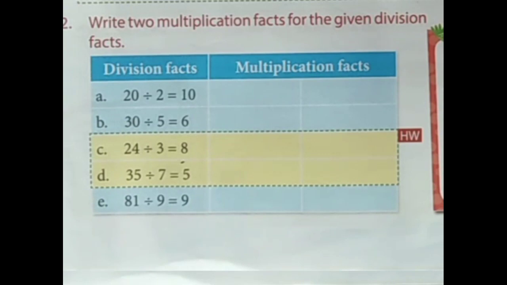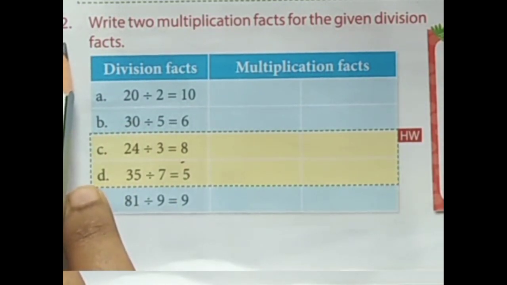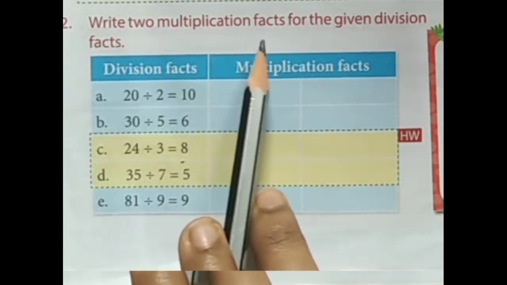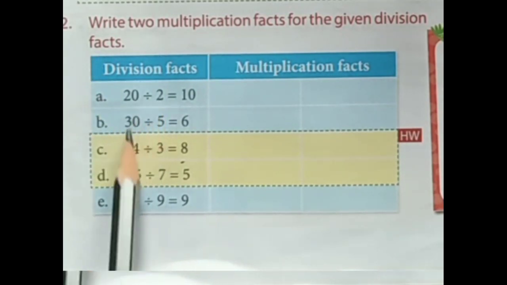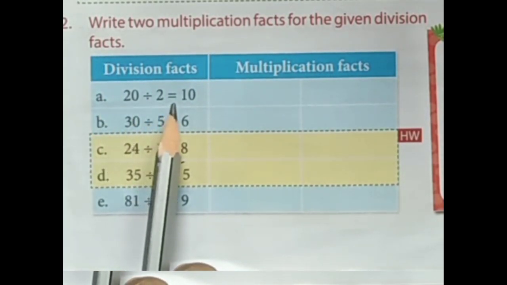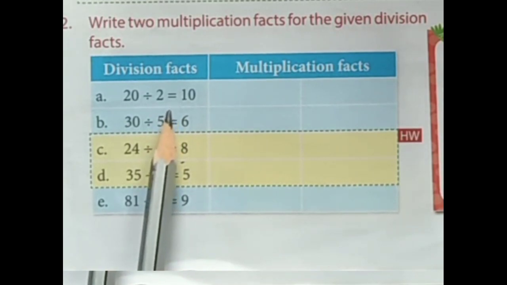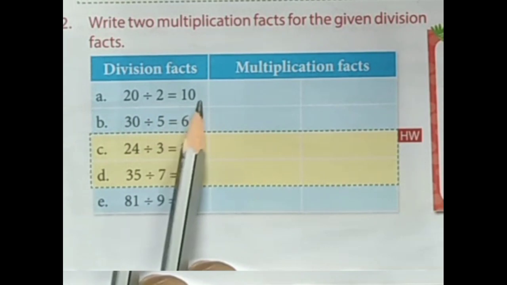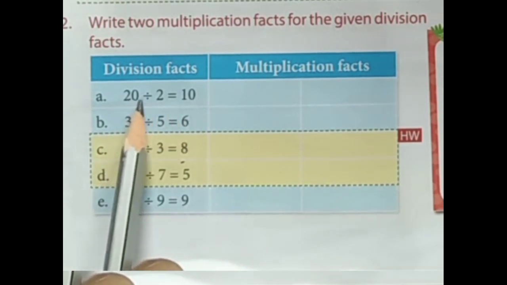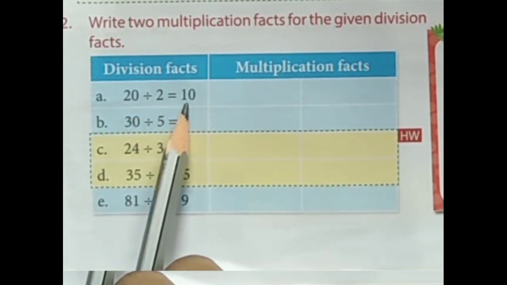Children, take page number 71. Let's do the multiplication facts for the given division facts. Question number 2. Write two multiplication facts for the given division facts. Here some division facts are given and we should write the two multiplication facts. The first one is 20 divided by 2 equal to 10. When we divide the number 20 by 2, we get the answer 10.